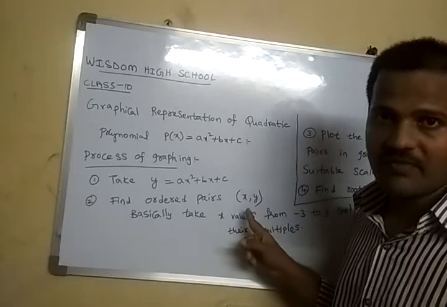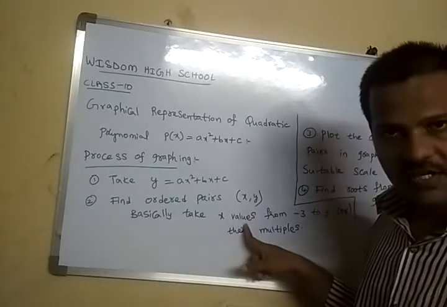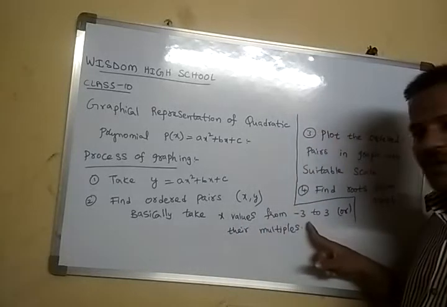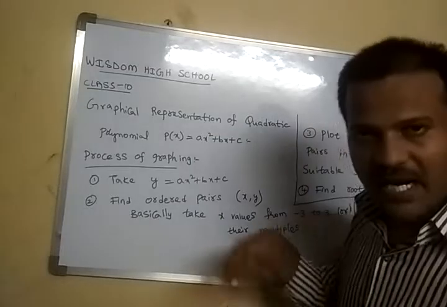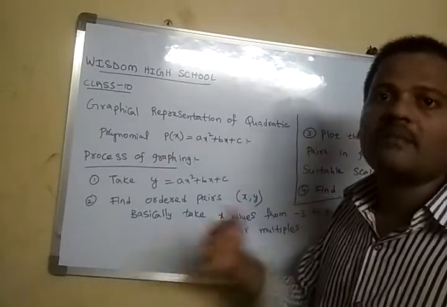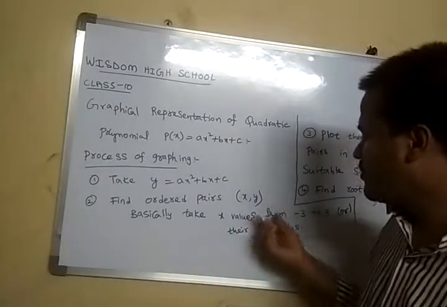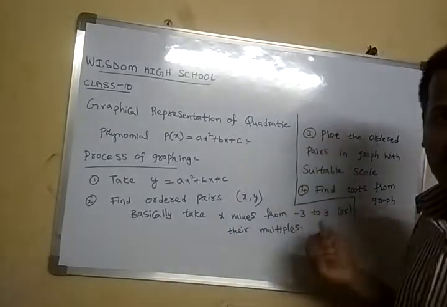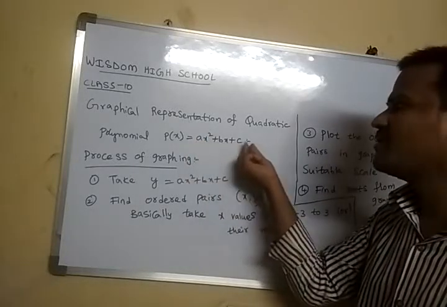You already know, we learned this in the 9th class. So basically take x values ranging from -3 to 3 or their multiples, in the sense -30 to 30, -300 to 300, and so on. Generally we take from -3 to 3 because it depends upon the coefficients a, b, c here.